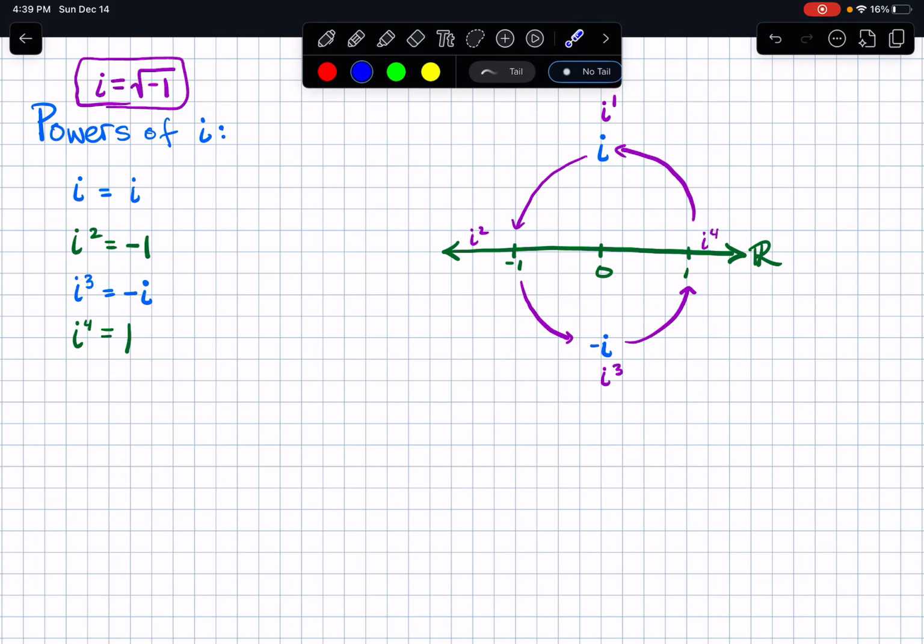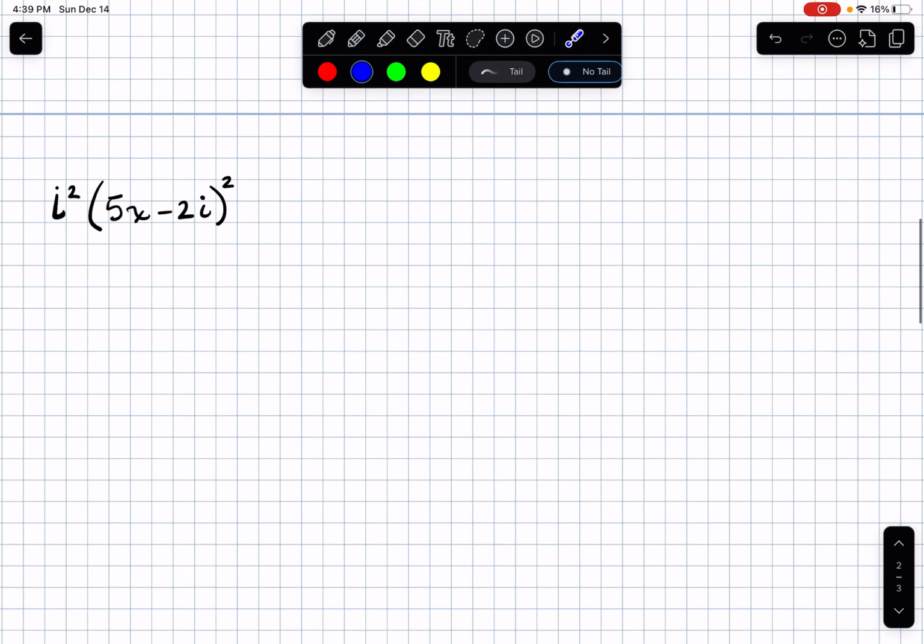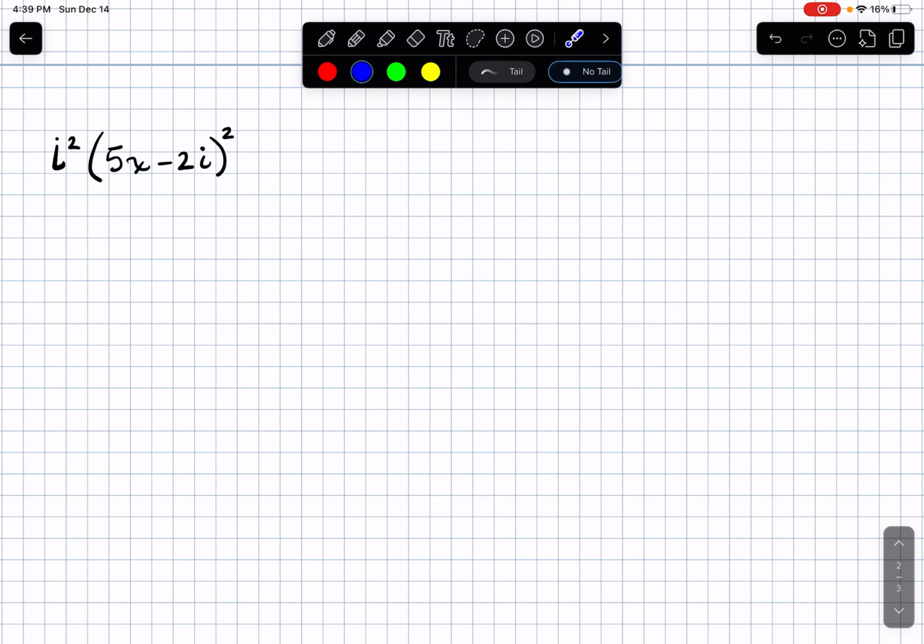Once we have observed this with our powers of i, then we can apply it to doing operations with the imaginary number or operations with complex numbers. So in this example, I have i squared times the binomial (5x minus 2i), all quantity squared. At first, when I'm working with i, I can treat it like any other variable.